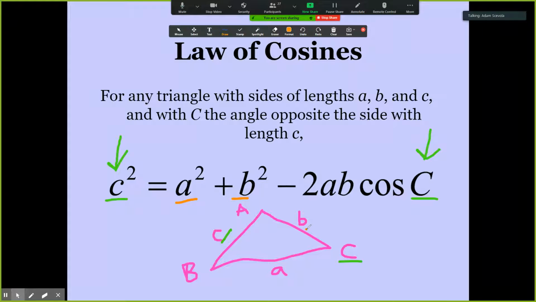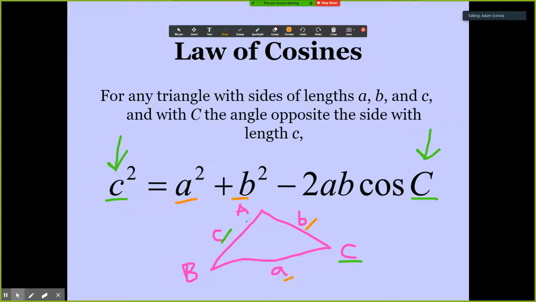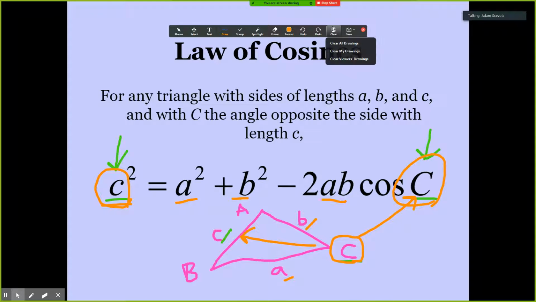So if you were given these two sides, a and b, and you plug them in for a and b, then this angle, which also appears there, has to be between a and b. Then this side here is going to be the side across from angle C. So pretty much it doesn't matter which sides are a, b, and c, as long as side c is across from angle C. As long as that's true, then you can use the law of cosines.